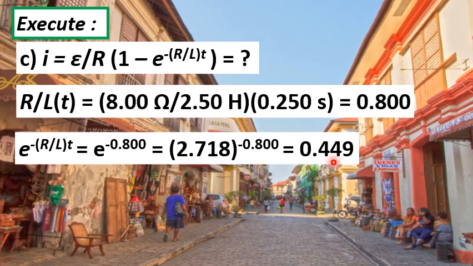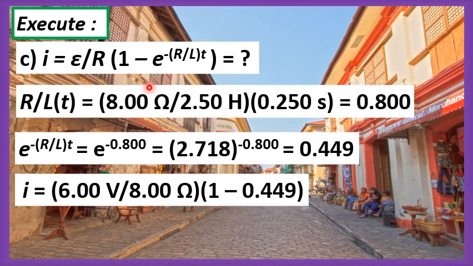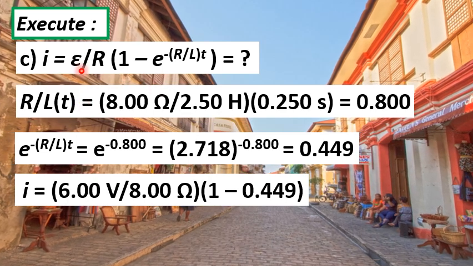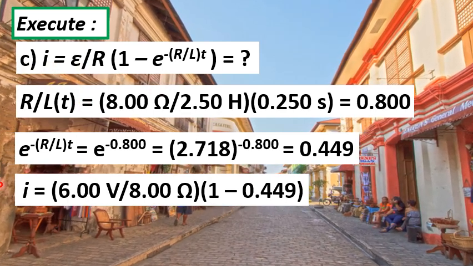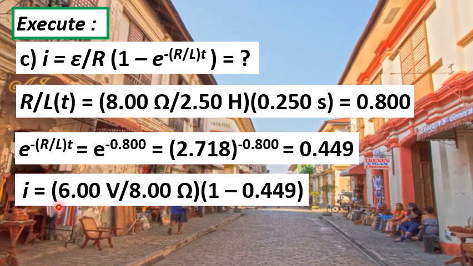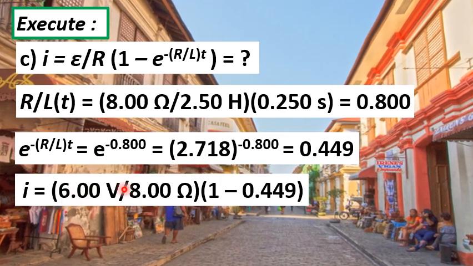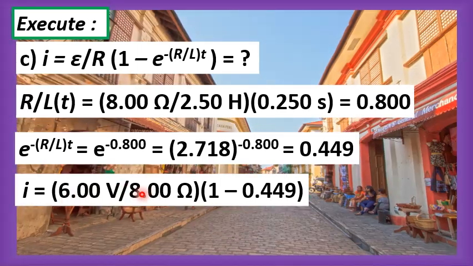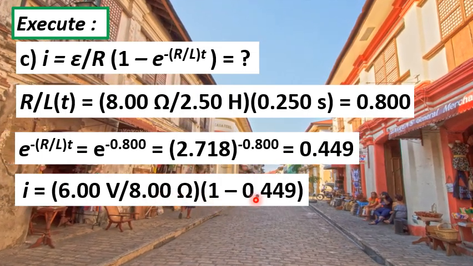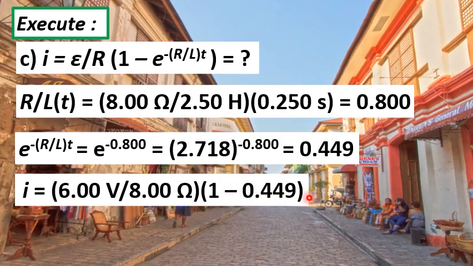So we can now continue computing the current small letter i based on this equation. That is small letter i equals the EMF, which is 6.00 volts, divided by the value of the big R, 8.00 ohms, and that is to be multiplied by the quantity 1 minus 0.449.